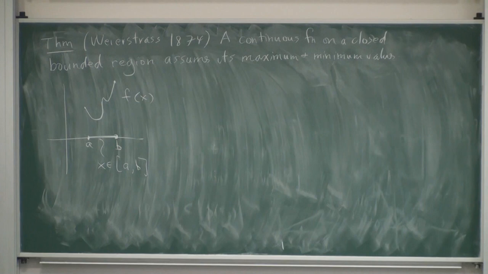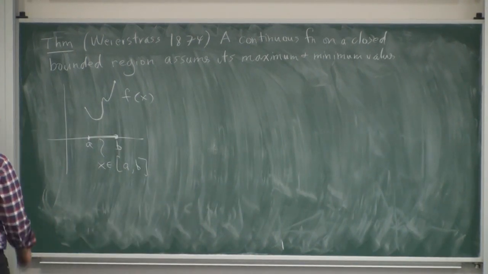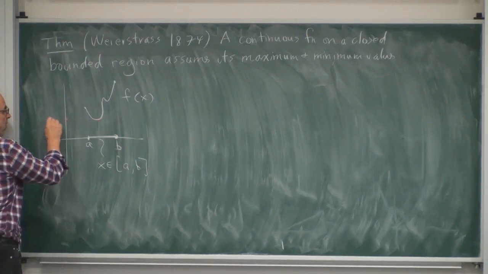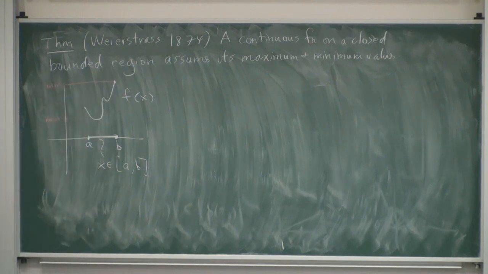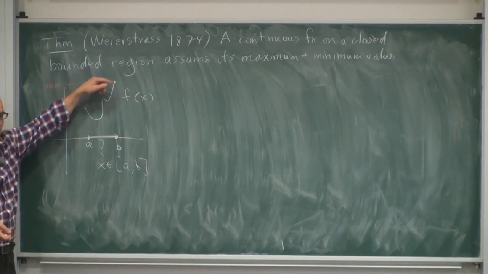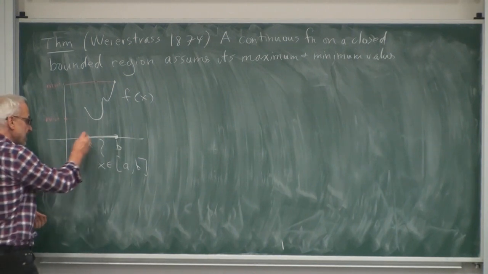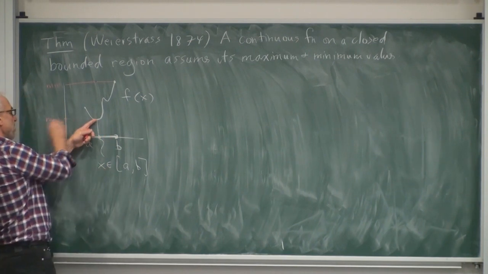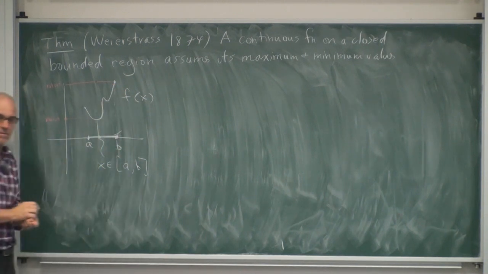Weierstrass says something about the maximum and minimum values of this function. You can see the minimum value is right there, and the maximum value is right there. The function actually does take on that value. It doesn't just approach that value, it actually takes on the value in the interval. There is some point in the interval, say that one there, where the function takes on the minimum value, and there's some point in the interval, namely this one here, where it takes on the max.